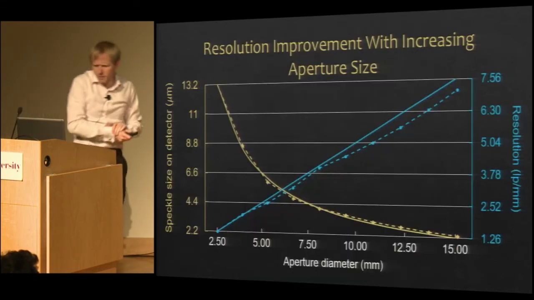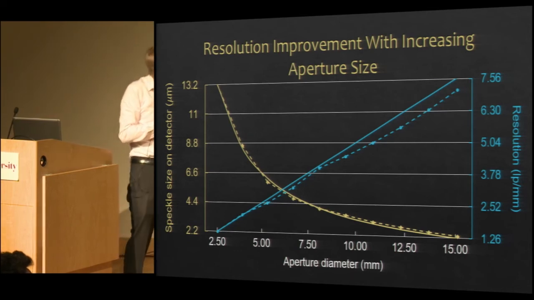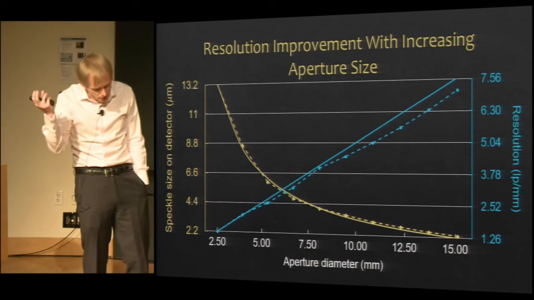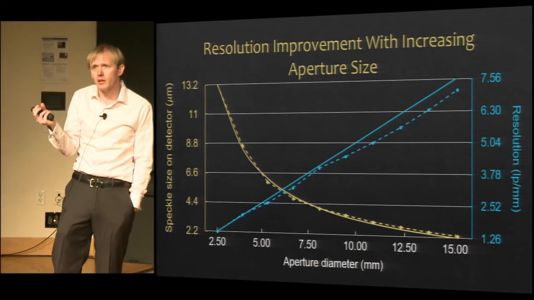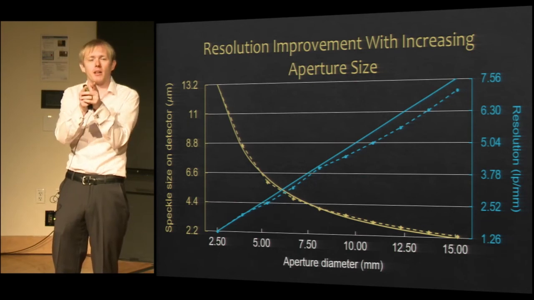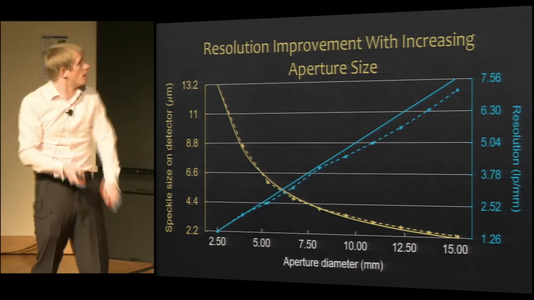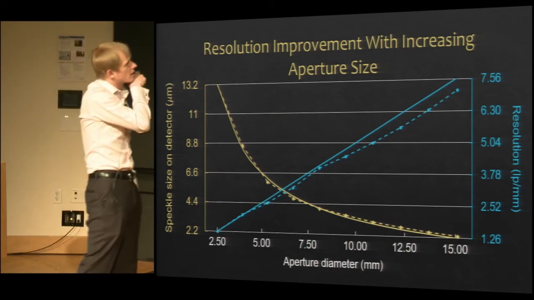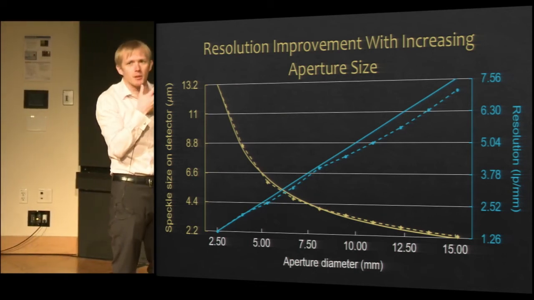Right? And then we can characterize this by looking at the expected resolution. So the resolution target, if you're unfamiliar, uses bars with a known line pair spacing. If we look on the right horizontal axis, this is the resolution in line pairs per millimeter.